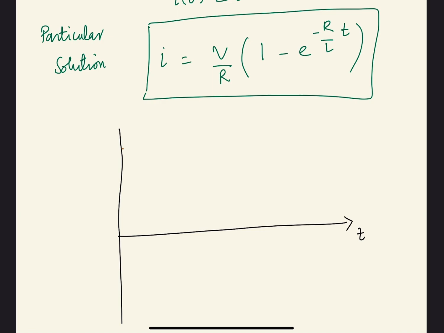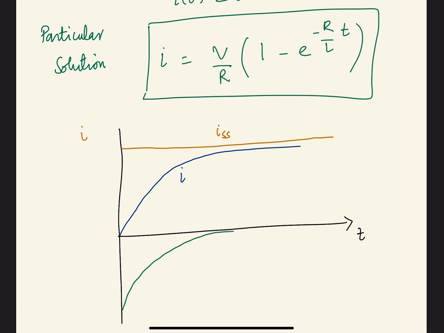We have this I, which is the I_SS, this value, and this is the expression for i. And let me show you the I_T part also. This part is actually I_T. Okay, so actually the waveform is this blue waveform.